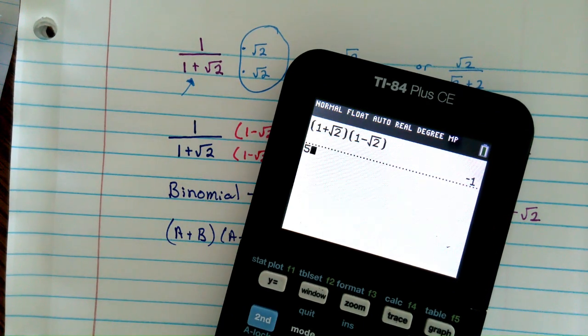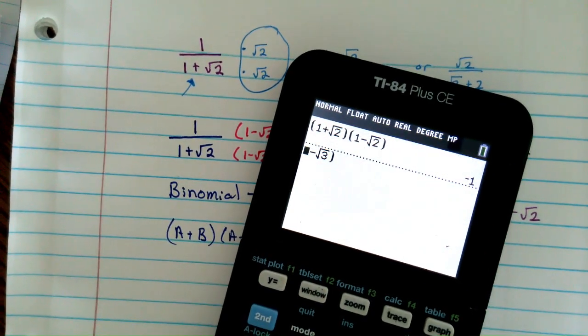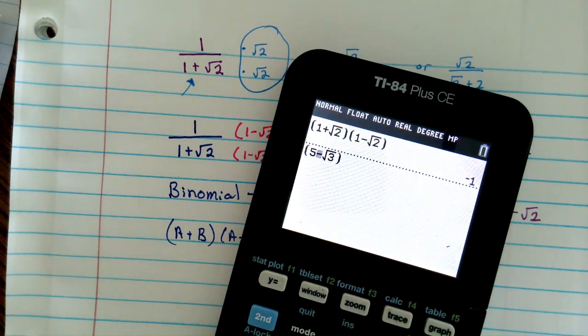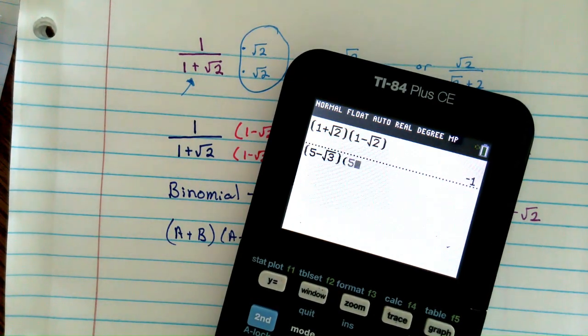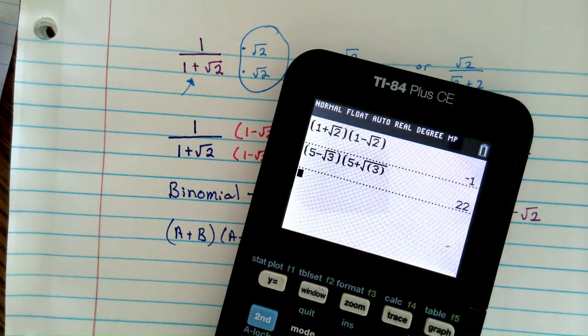Let's say you had 5 minus the square root of 3, right? Got to use those parentheses. Well, its conjugate is going to be 5 plus the square root of 3. And that equals a nice integer. So remember, anytime you have an irrational binomial in the denominator, you're going to need the binomial conjugate to finish that out.